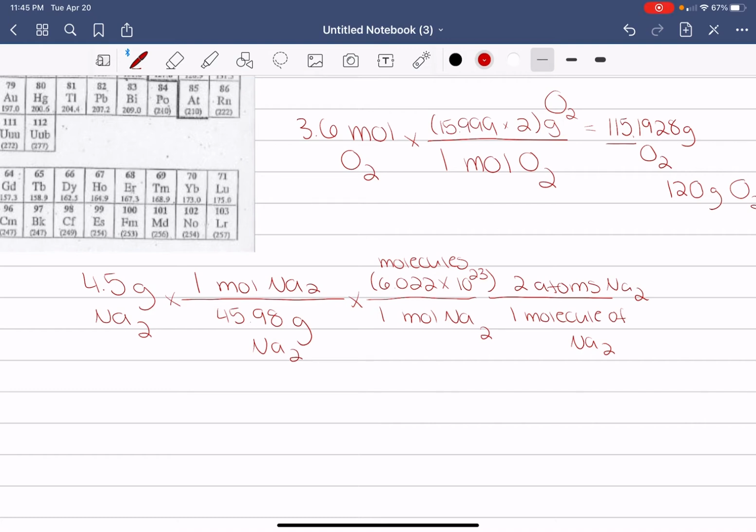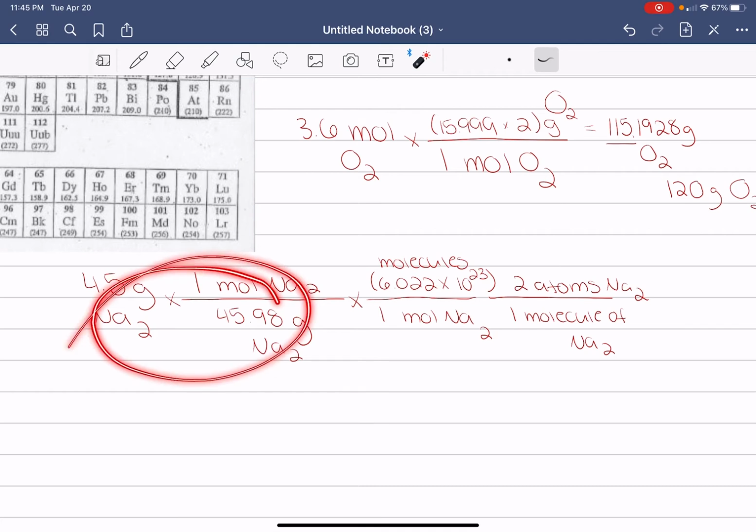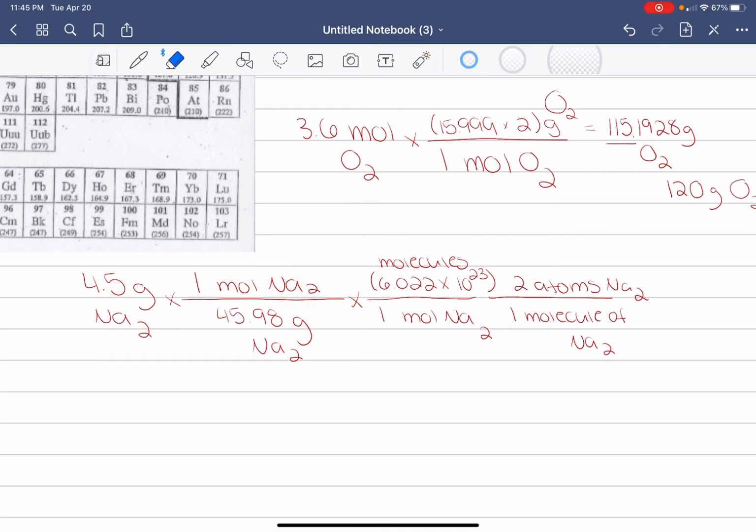Now when solving this, you want to go step by step to cancel out grams to moles to molecules to atoms. So our first part, you want to take 4.5 divided by 45.98. Then our next step is to multiply by 6.022 times 10 to the 23rd. But when you put it inside the calculator, your first step is to put it in parentheses.